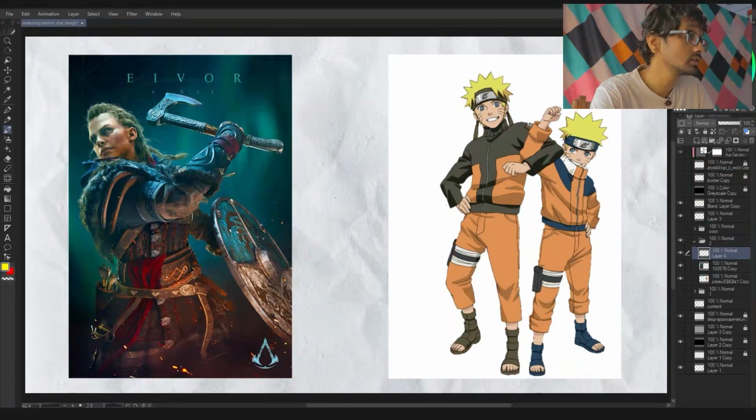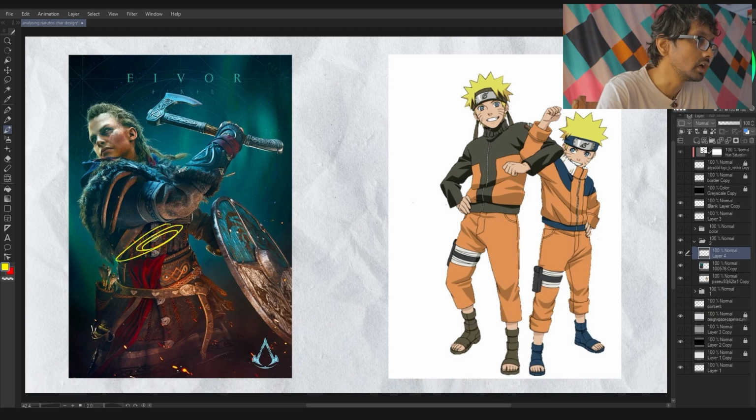Now if you take a look at all this detail over here, right? This thing and the detail over here, over here, over here. Look at her hair, so much detail. And her shield, so much detail. And her torso, so much detail.